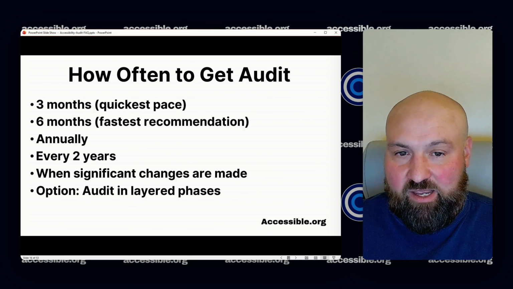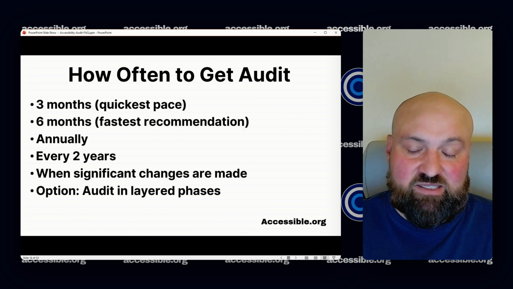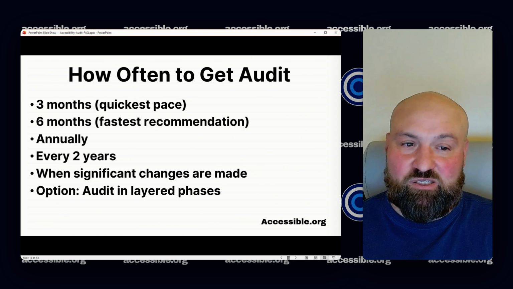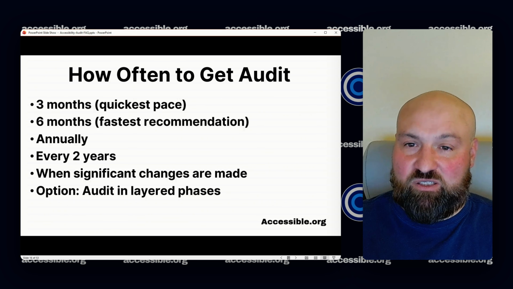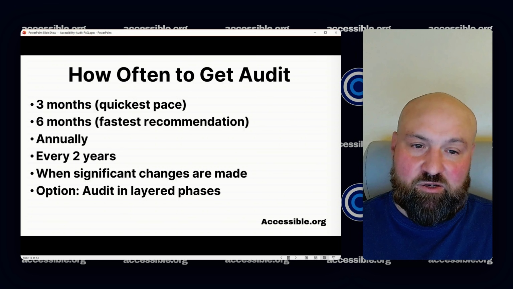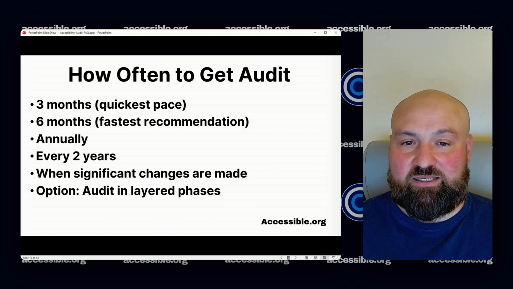And you can even take a combination of these different bullet points. So let's say you take the phased approach with this technical standard, and you also have significant changes being made. So the audit really just fits in nicely with the timing, and you take a very strategic approach to it.